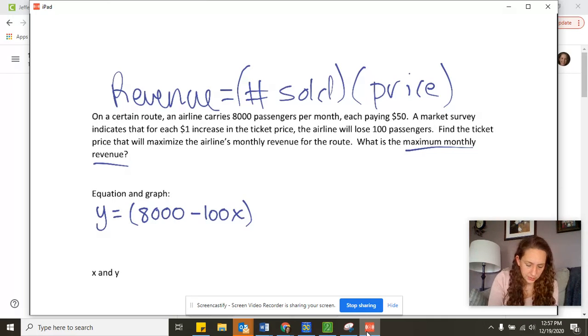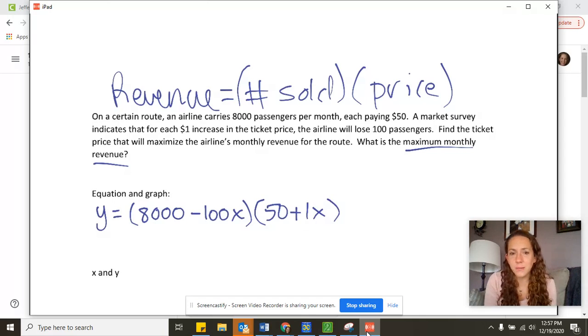Our price right now is $50. And we're looking at adding, how many times can we add $1? So obviously you could just write X there, but just so that you know where it's coming from, it's the $1 increase. So we're decreasing the number we're selling, but we're increasing the price, and we're going to see how much we can increase the price while we still make more money.